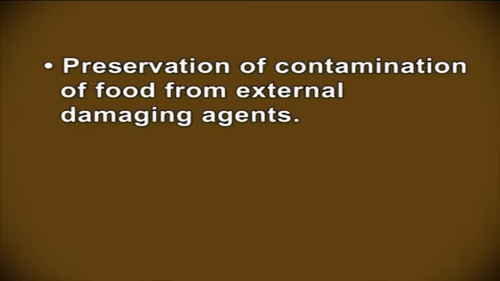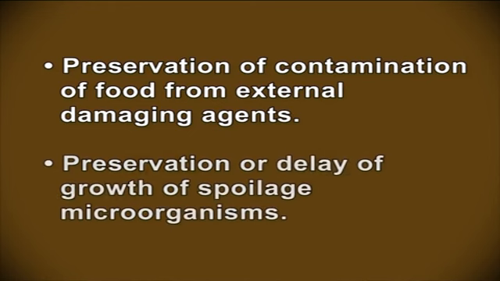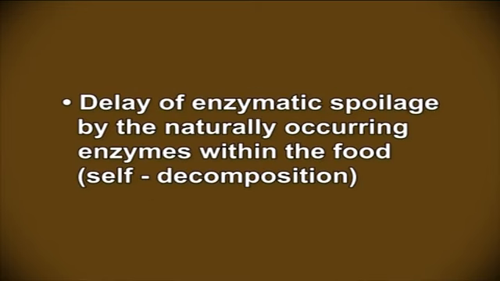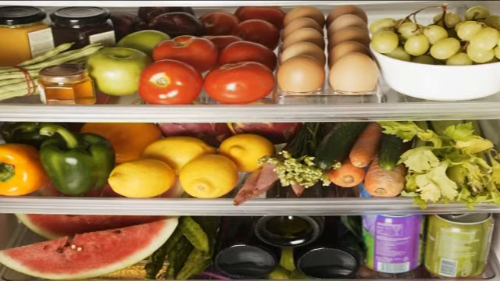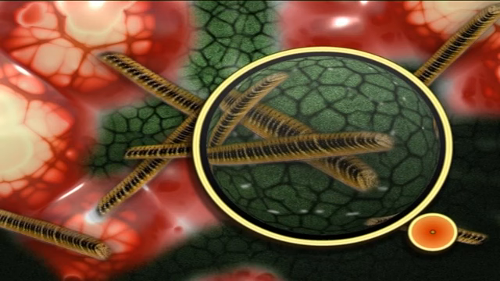The three basic objectives of food preservation are: prevention of contamination of food from damaging agents, prevention or delay of growth of spoilage microorganisms, and delay of enzymatic spoilage due to the presence of naturally occurring enzymes within the food, that is self decomposition. During storage or preserving food, the conditions required for the spoilage system have to be removed.